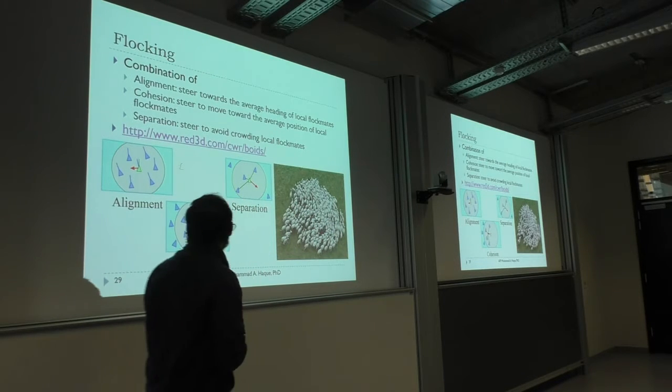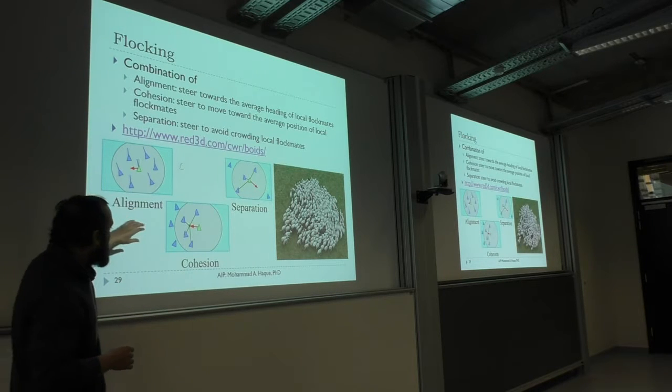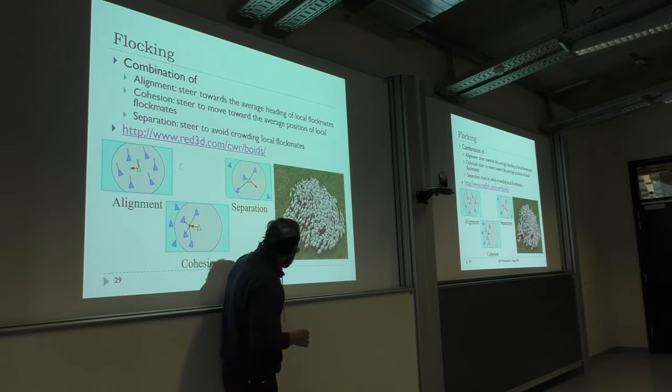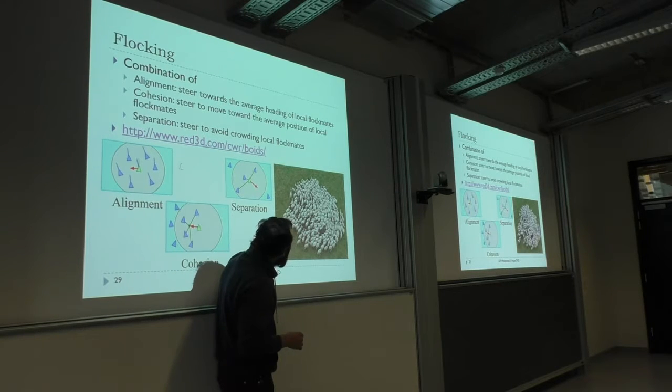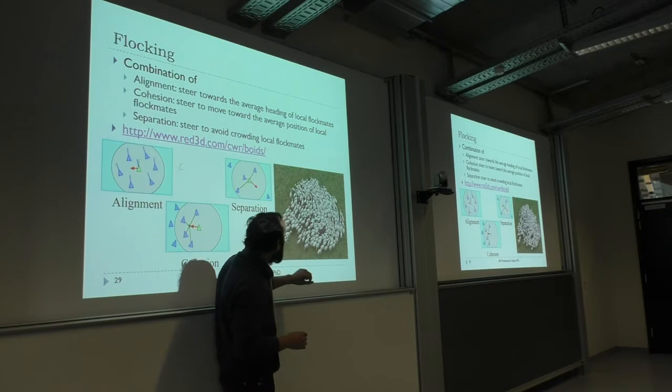That is the thing. We have to keep the alignment concept here, and then we have to keep the cohesion concept. If, for example, this one is not properly cohering with the others, this is a practical scenario. That's why you can see this kind of hole.